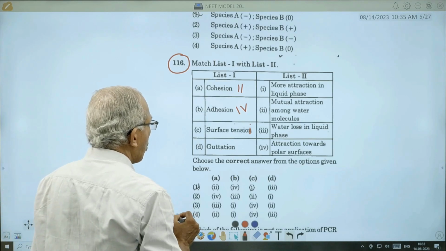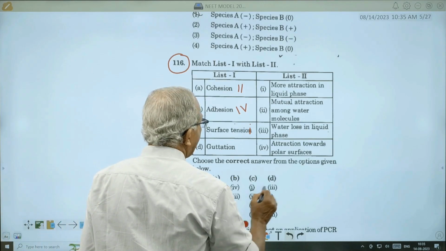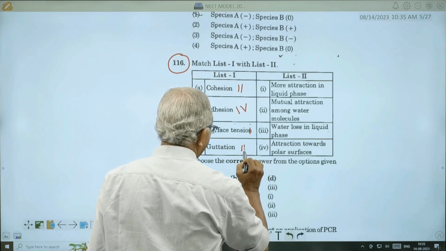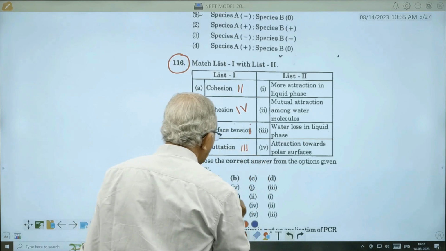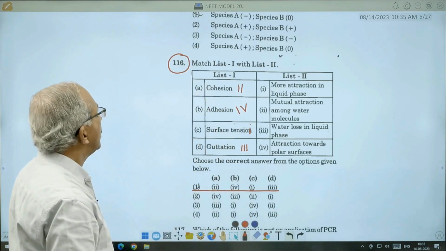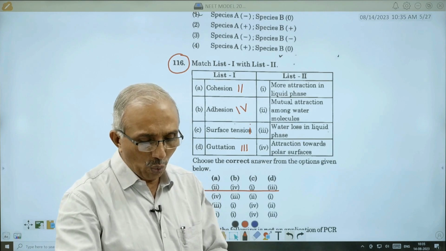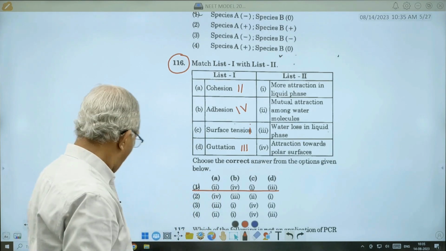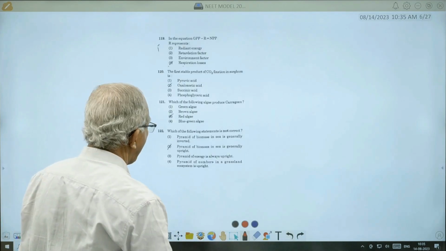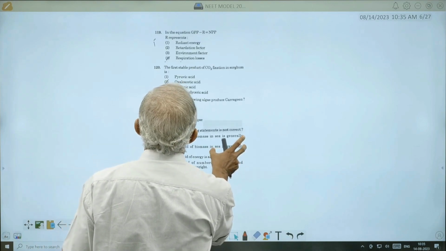Guttation is water loss in liquid phase. Answer is 1.